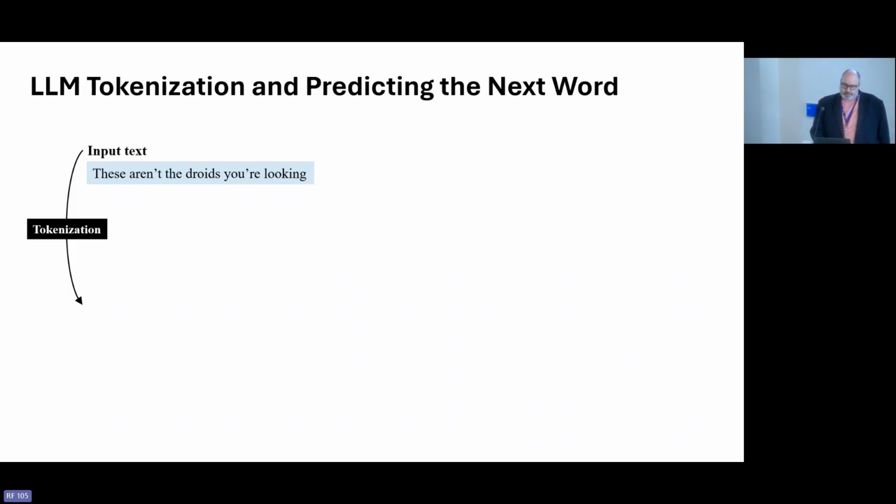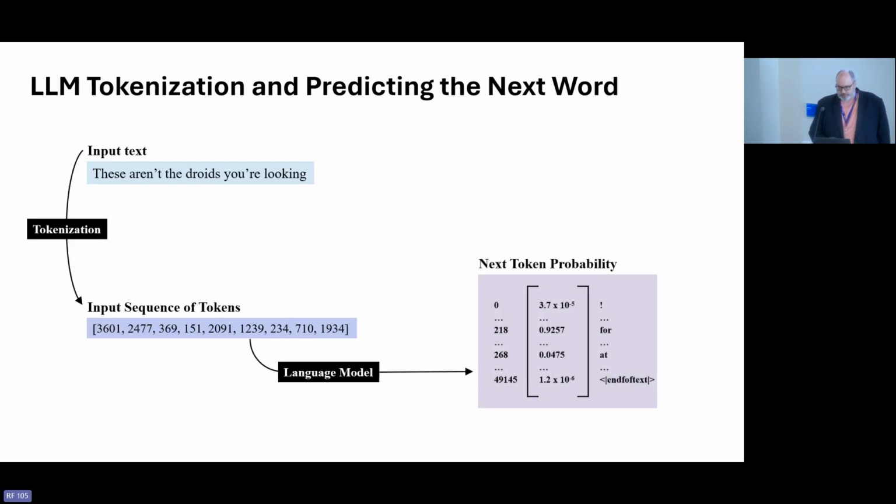I'm not going to go into the details, but fundamentally what happens is that text is turned into numbers, a series of numbers that the AI understands, and it puts it into its neural network, which is really just a big matrix for you mathematics fans. And it looks through the various vectors or columns in the matrix to find the most probable word based on its understanding of language.